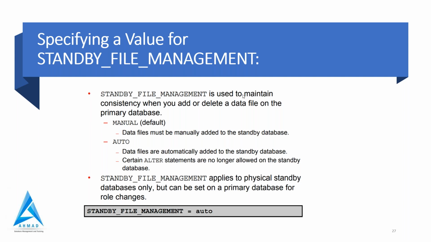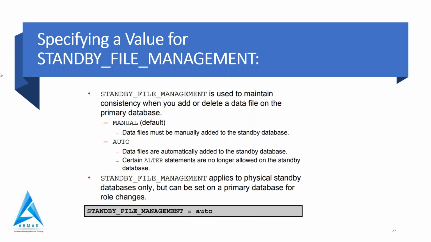Then you can set standby file management to auto, and then you can apply the redo services again by the alter database managed recovery command. The full command is different. Then your redo applying or archiving will be sent to that location.